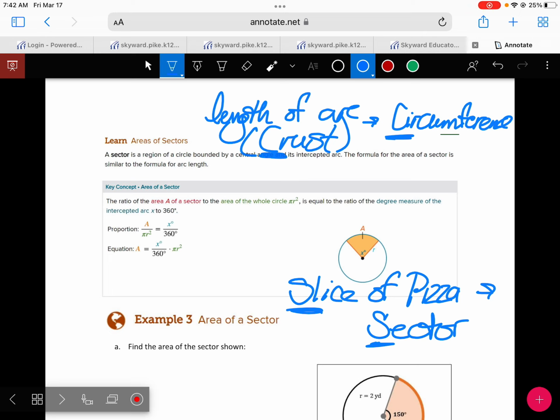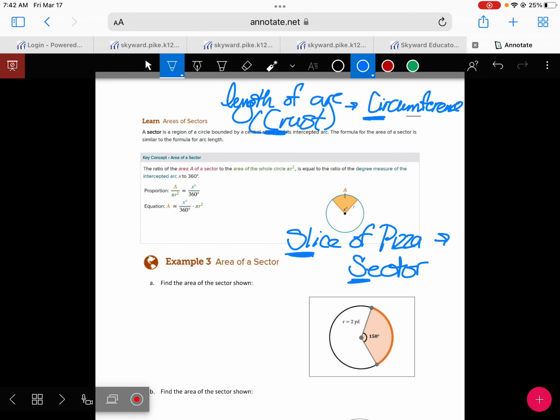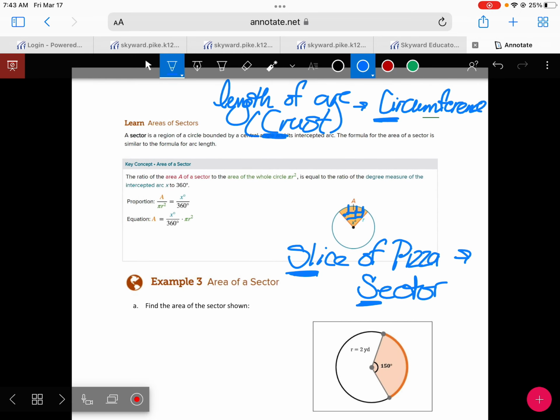The crust uses circumference. A sector of the circle is 2-dimensional. It's like finding how many little squares are in that piece of pizza.